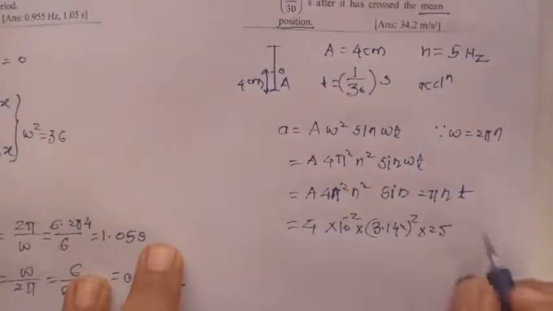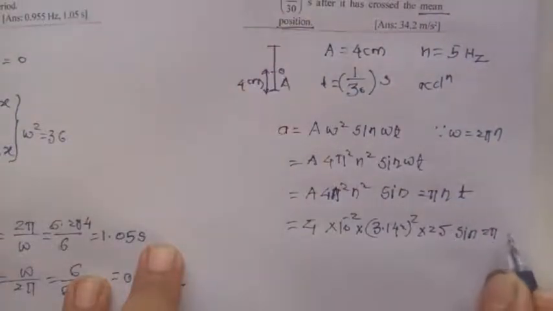And how can I find the value of sine 2 pi nt? Sine 2 pi, n is equal to 5 and t is equal to 1/30, that is 5 by 6, which is 1/6 twice pi upon 6 is sine 60 degree.